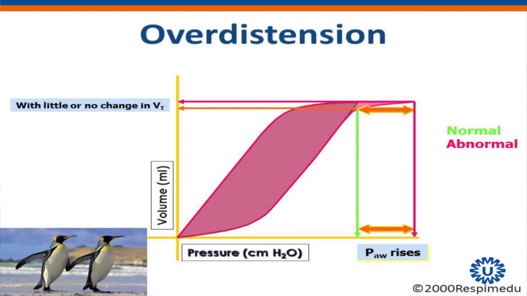What's the difference between the loop here and the loop there? What you see here is volume going in, and suddenly the pressure is rising up, and not much more volume is going in. Penguin shape, they call it, I believe. Yeah, it's a penguin shape like loop. And that's the penguin.